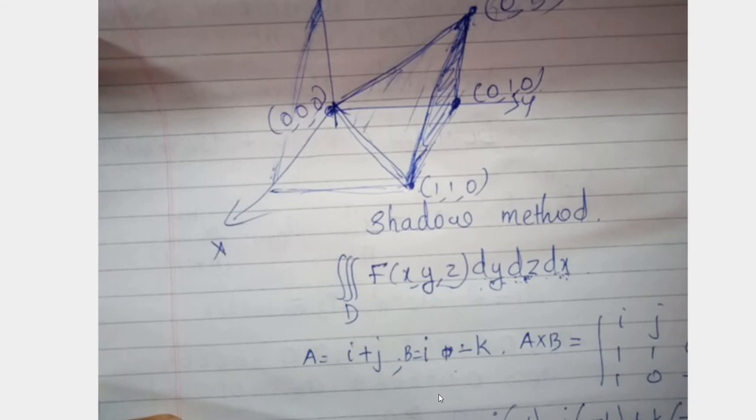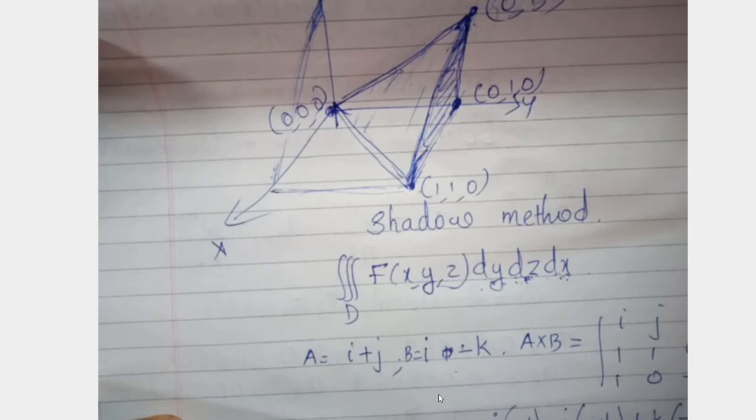So the plane is minus 1 times (x minus 1) plus 1 times (y minus 1) plus minus 1 times z equals 0.